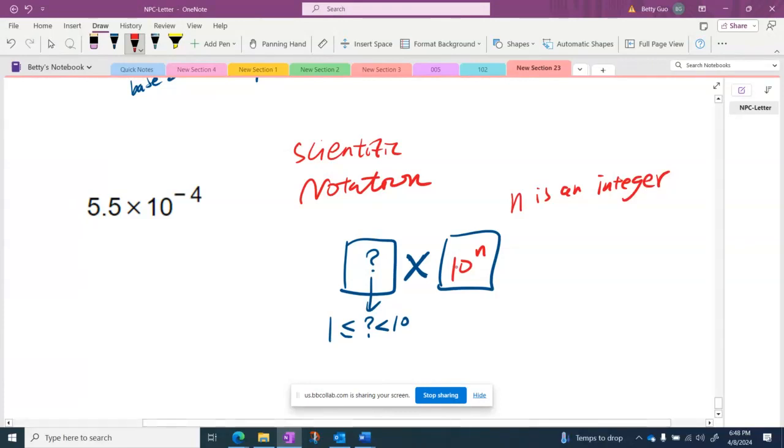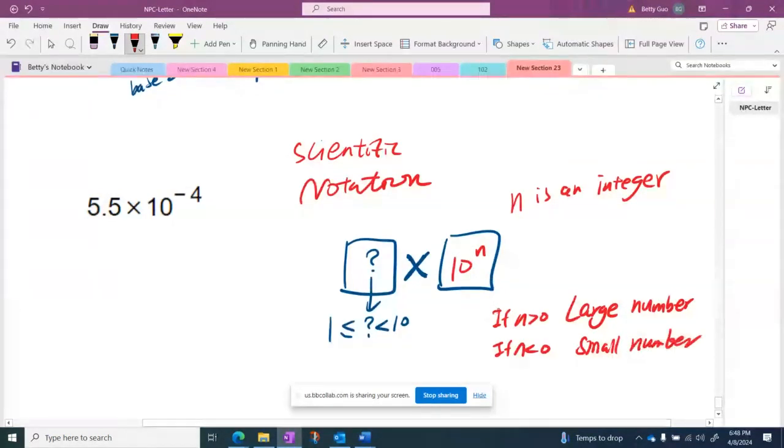If n is positive, the scientific notation represents a relatively large number. If n is negative, then the scientific notation represents a relatively small number. All right?